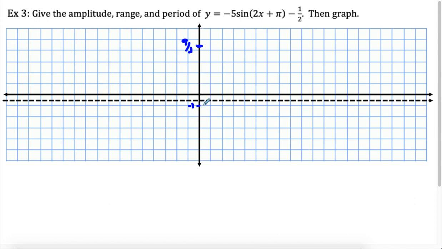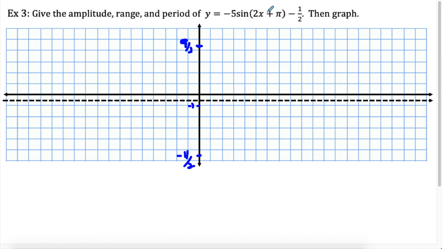And if I go down 1, 2, 3, 4, 5, I will be at -5.5 or -11 halves. So I'm just going to label those points, so we know those are my min and max.